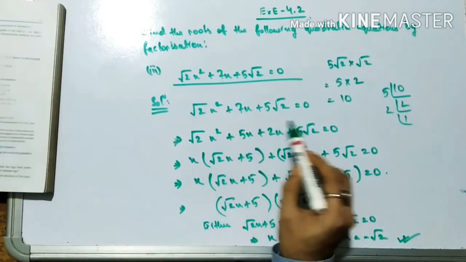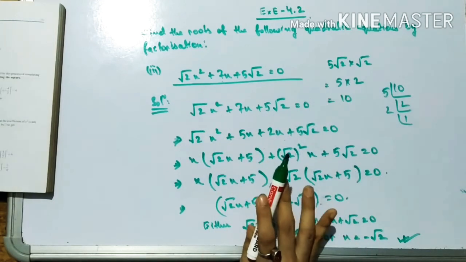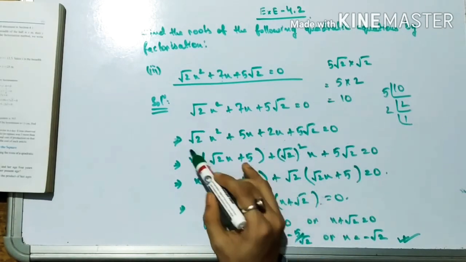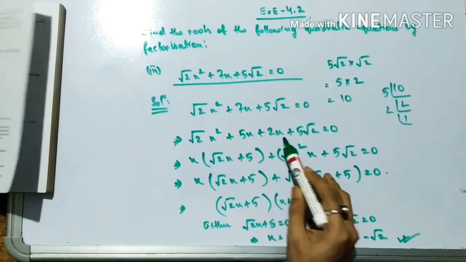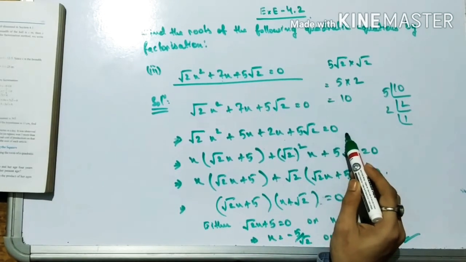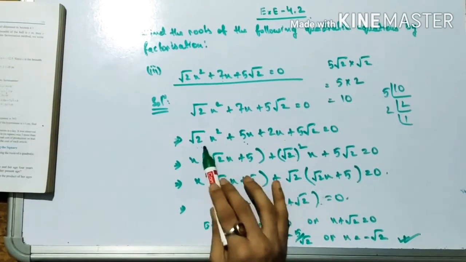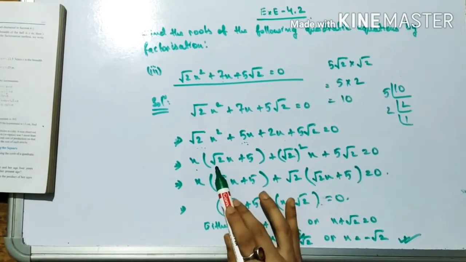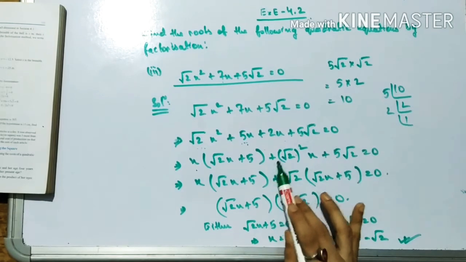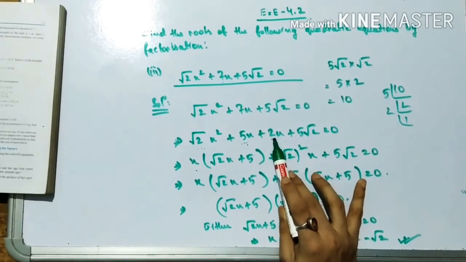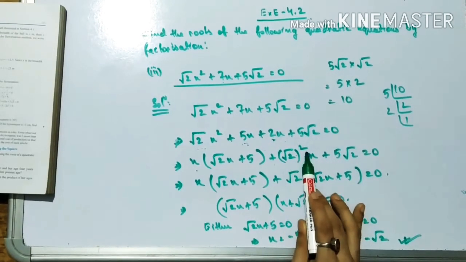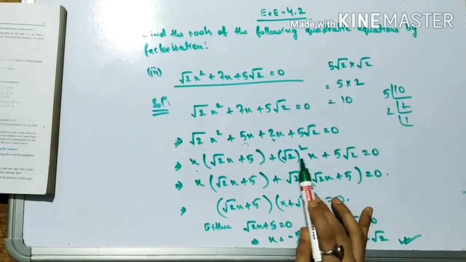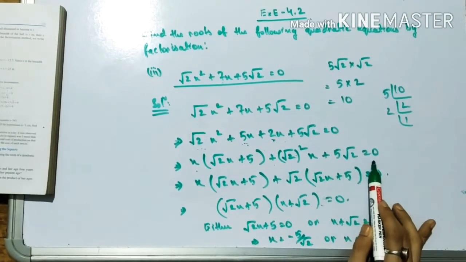First of all, I am splitting the middle term. So root 2x square plus 5x plus 2x plus 5 root 2 equals to 0. Now, from these two terms, I can take x common. So when I take x common, I get root 2x plus 5 plus this 2, I can write as root 2 the whole square, x plus 5 root 2.